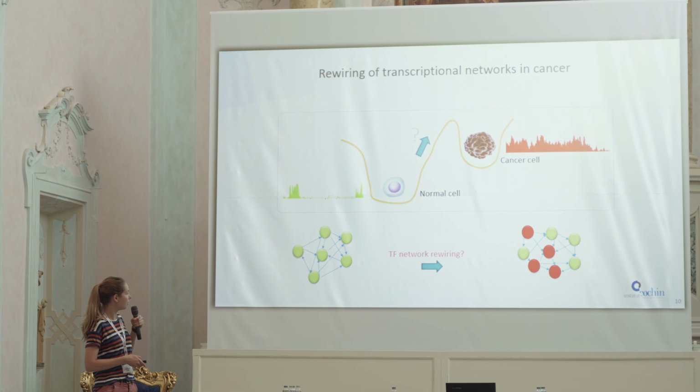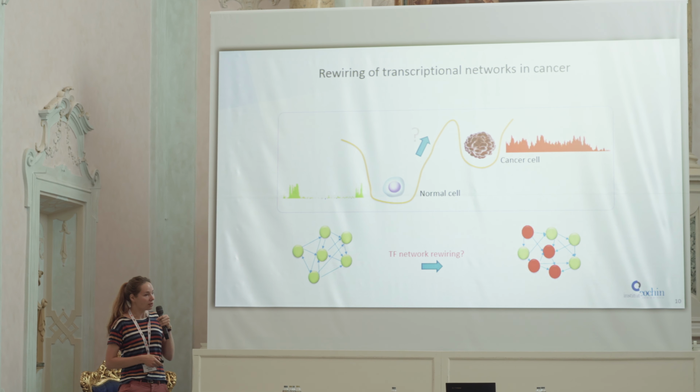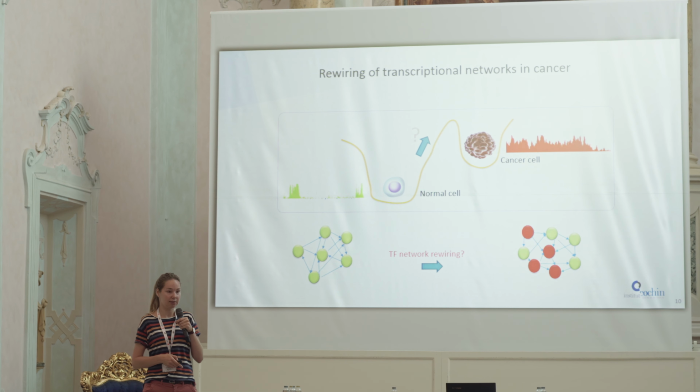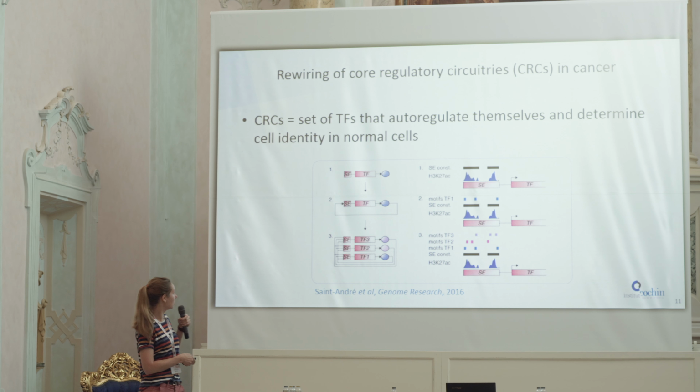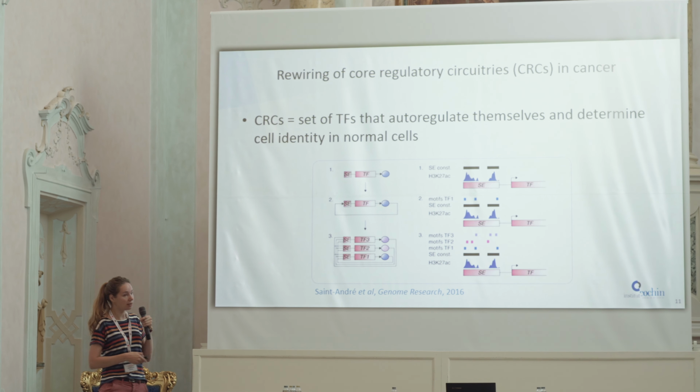And there is a very useful concept to study this rewiring of transcription networks, which was again introduced by Rick Young and James Bradner, which is called co-regulatory circuitries. Have you heard about co-regulatory circuitries?